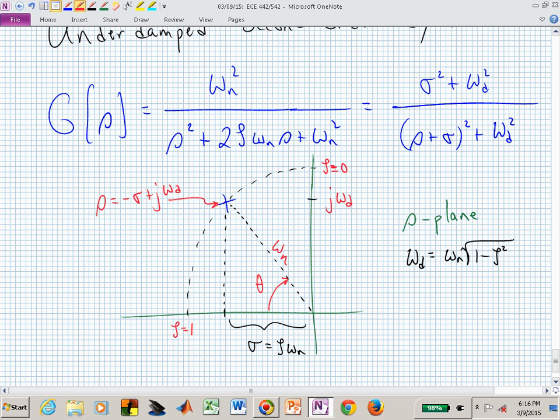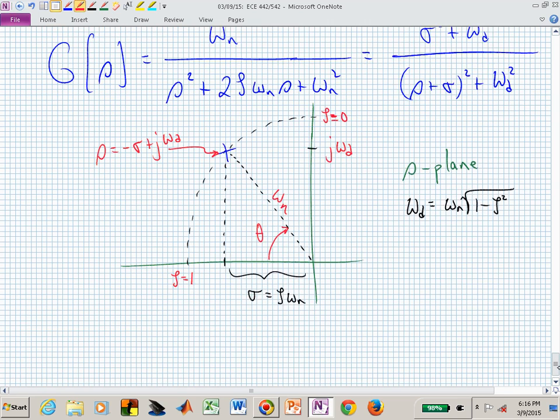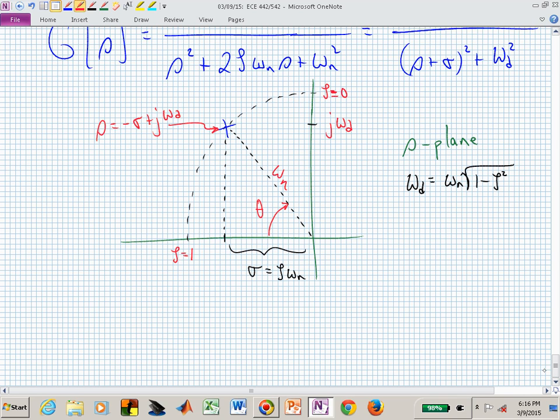The other one is in terms of zeta and omega sub n, or this angle and radial distance away from the origin. So you're comparing or using either rectangular form for your pole location or polar notation for your pole location.